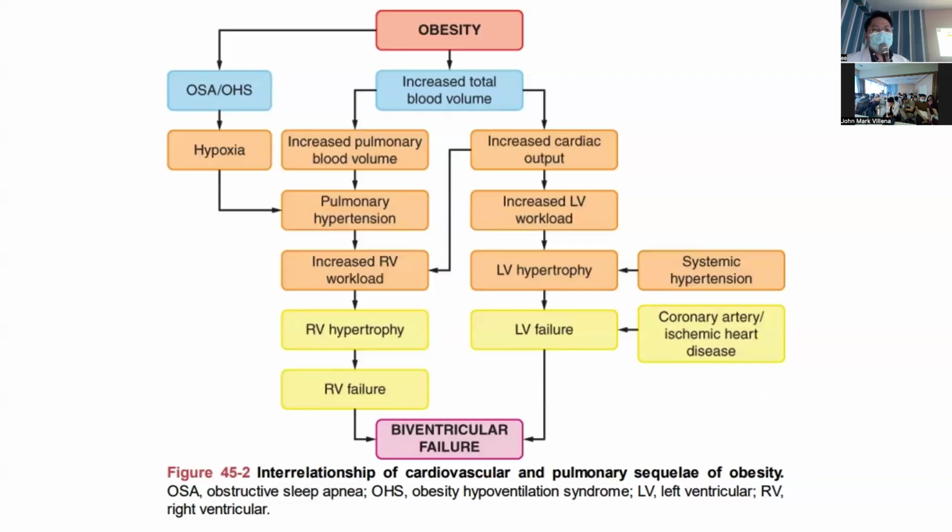Total blood volume is increased in the obese individual. This results in increased left ventricular wall stress leading to hypertrophy, reduced compliance, and impairment of left ventricular relaxation with elevated left ventricular diastolic pressure.